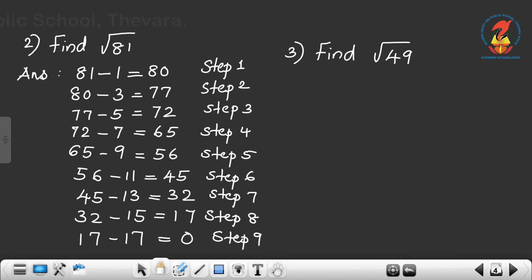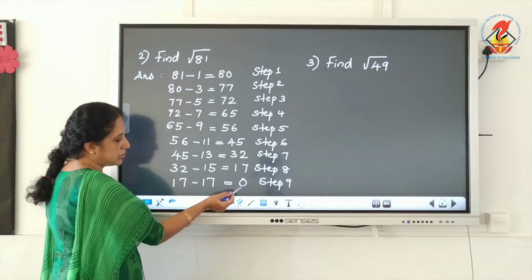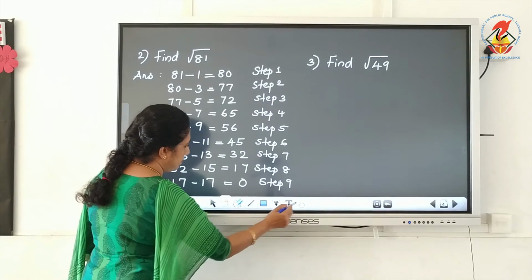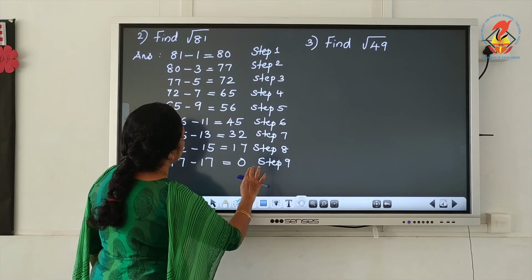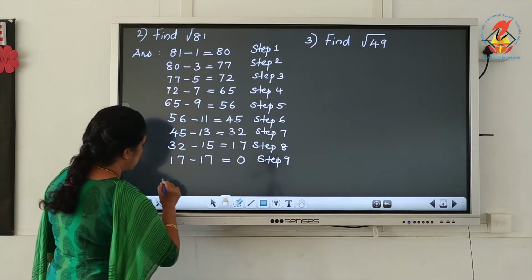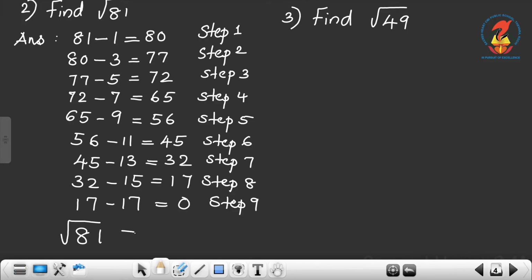At which step did you get 0? You got 0 at the 9th step. Therefore, the square root of 81 equals 9.